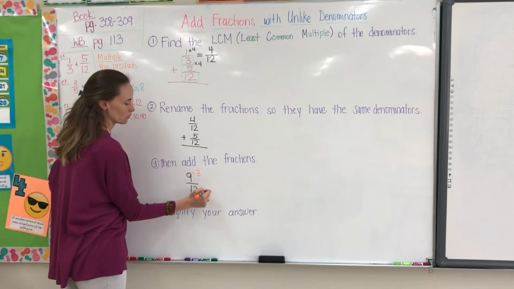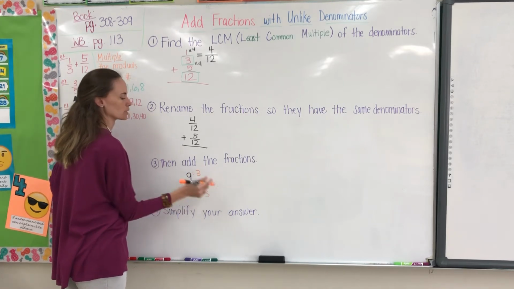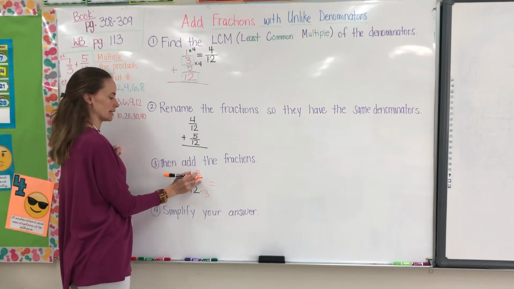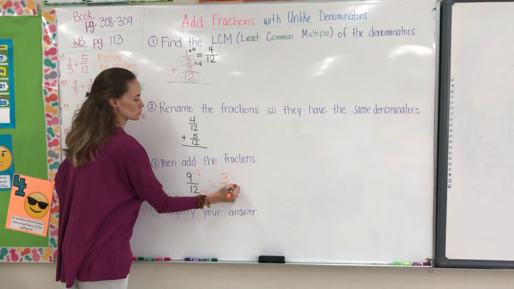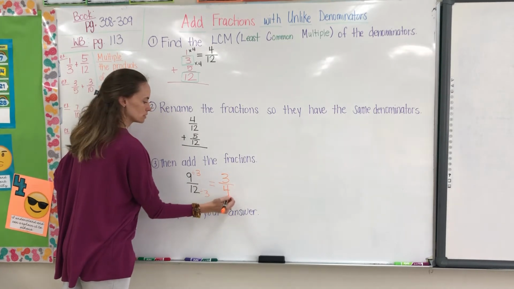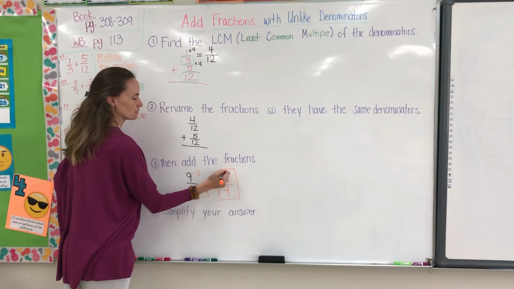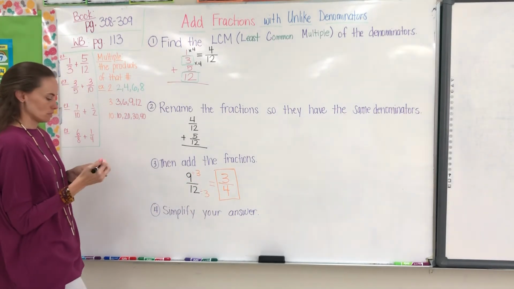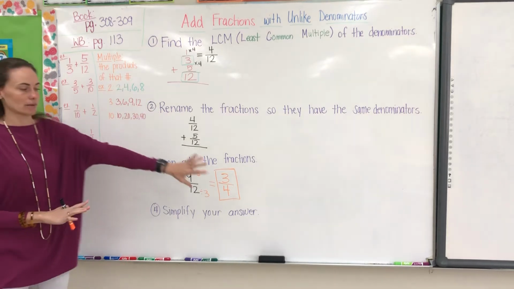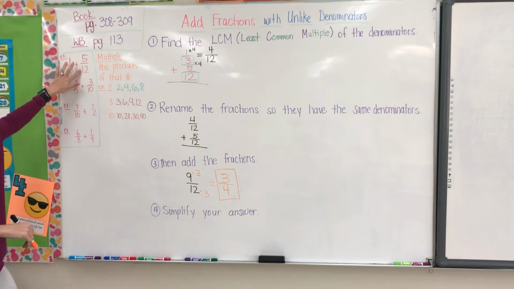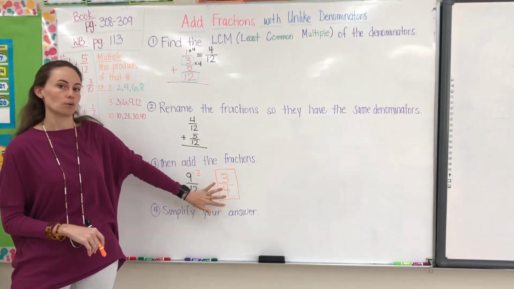So we divide them both by 3, because whatever you do to the top, do the same to the bottom for fractions. 9 divided by 3 is 3. 12 divided by 3 is 4. Now we have our final answer of 3/4. Okay, we don't have to change it, that's how it's gonna stay. So 1/3 plus 5/12 equals 3/4.